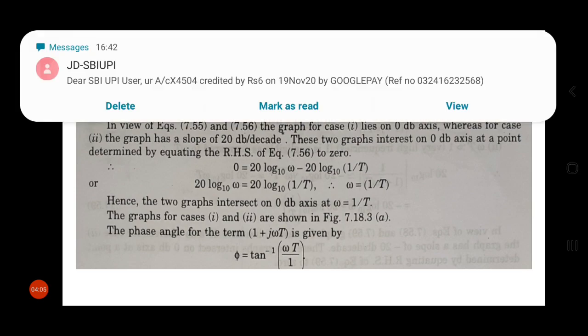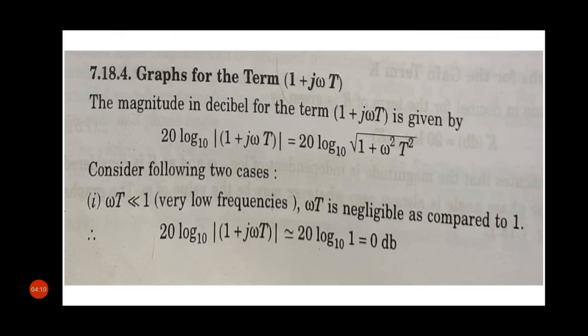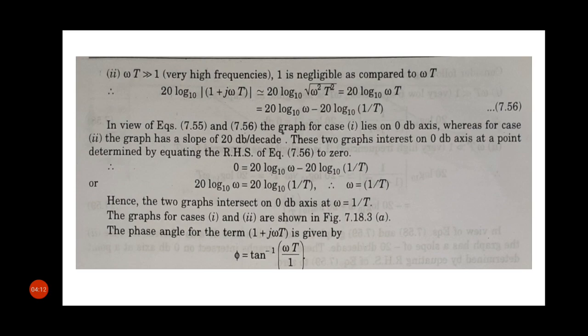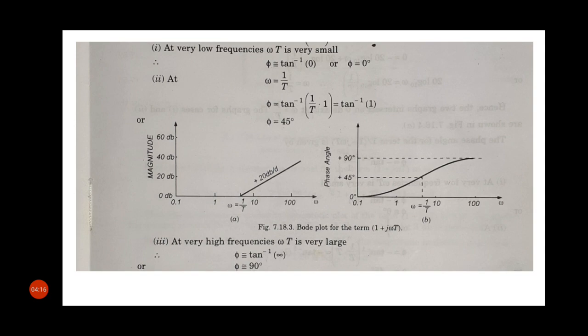So from these two equations, the graph for case 1 lies on the 0 dB axis, whereas for case 2 the graph has a slope of 20 dB per decade.